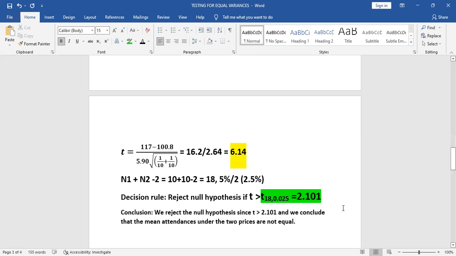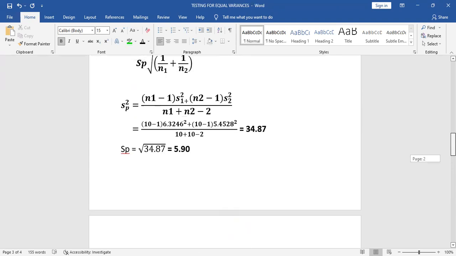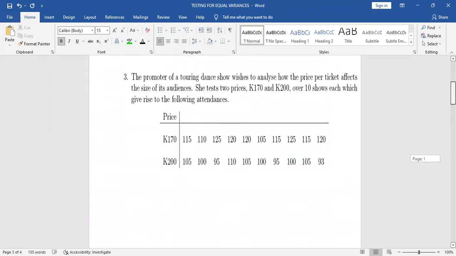That's how we do a t-test for such kind of a question, assuming equal variances. Why are we assuming equal variances? We had already conducted a test for equal variances, and we found that the variances are equal under the two prices.